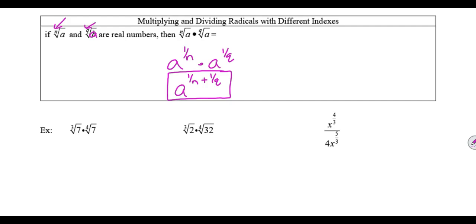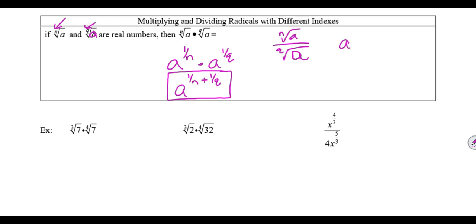So what happens when I divide? What if it's the nth root of a divided by the qth root of a, where my indexes are different? So you can't just make that one big thing. But what is division? Division is subtraction.